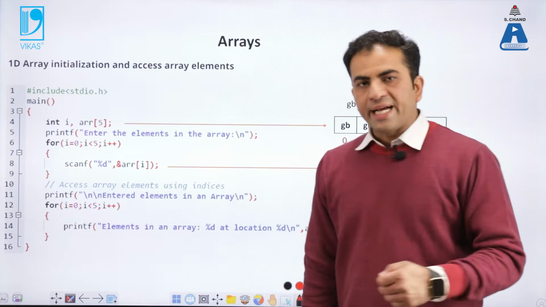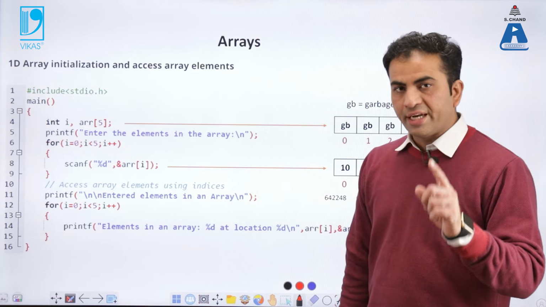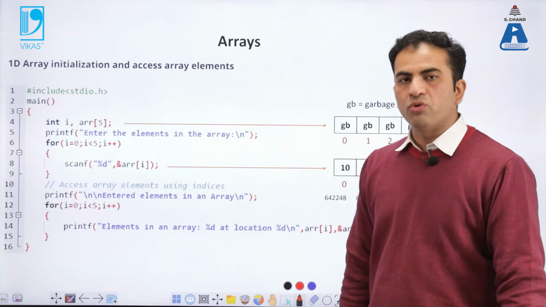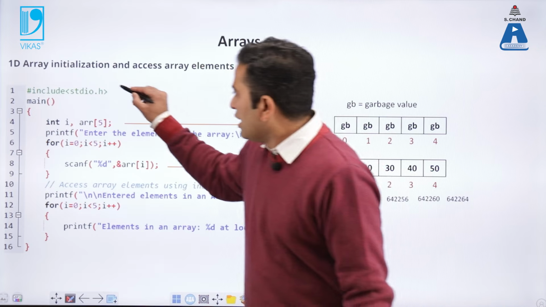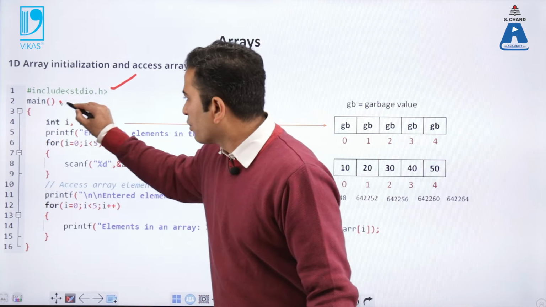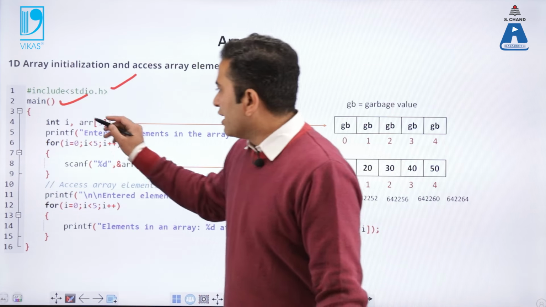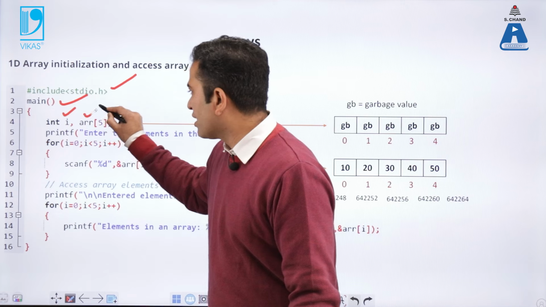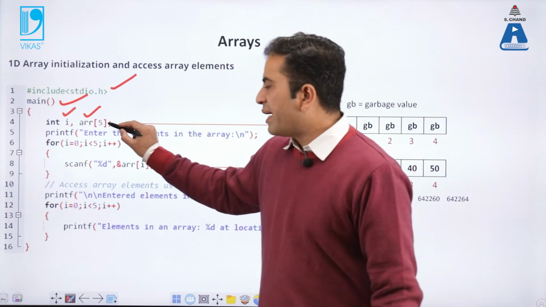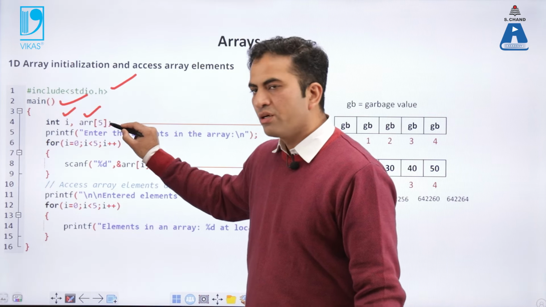How to initialize and access the array elements in programming in a 1D array. Be specific, 1D array. Right now I am focusing only on the 1D array, the one-dimensional array. The header file at the start of the program, then main. The header file is stdio.h. The initialization process is there, int i and then arr[5]. So my array variable is named arr and the size is 5.